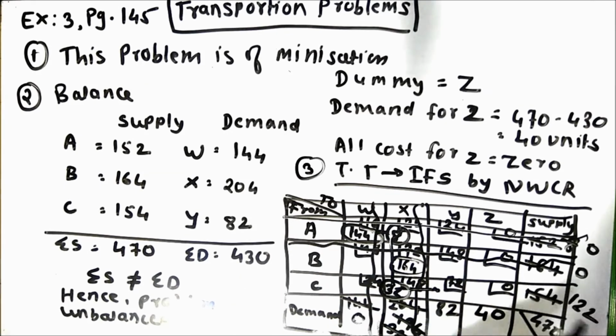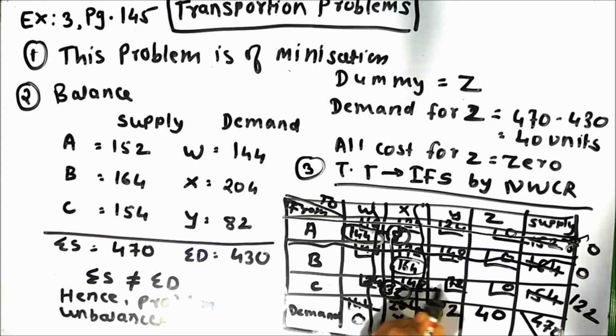So from 82 and 122 the lesser one is 82. So let me write 82 here. Okay. So once I have written 82 here, 82 minus 82 will get 0 and 122 minus 82 is going to be 40.